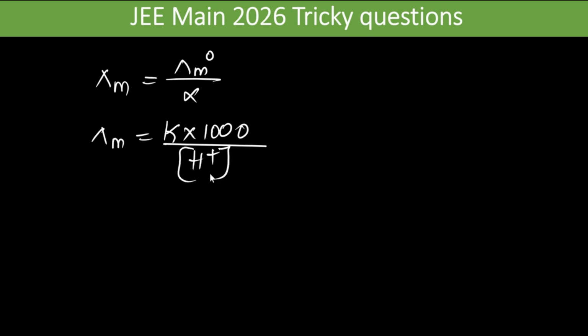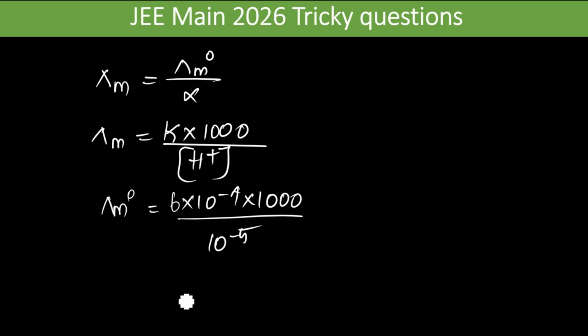So substitute the values, kappa we found out, 6 into 10 to the power minus 4 into 1000 divided by 10 to the power minus 5.